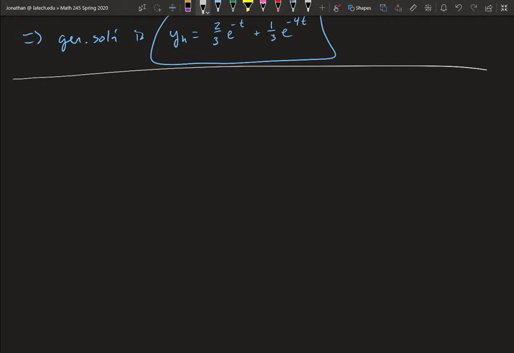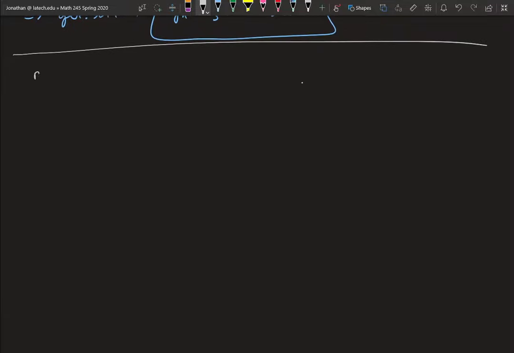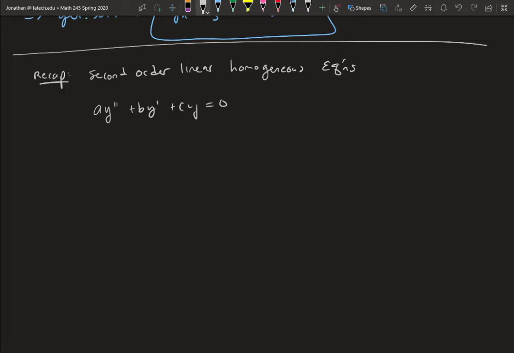So, a recap from last time: second order linear homogeneous equations. We have something like a y double prime plus b y prime plus c y equals 0.